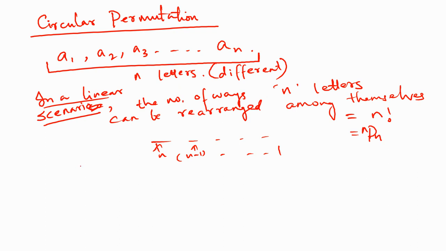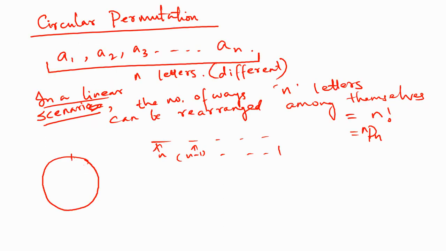Now they want us to place a1, a2, a3, up to an in a circle, and decide how many arrangements are possible. In such a scenario, it doesn't matter whether we put a1 here or here or here.